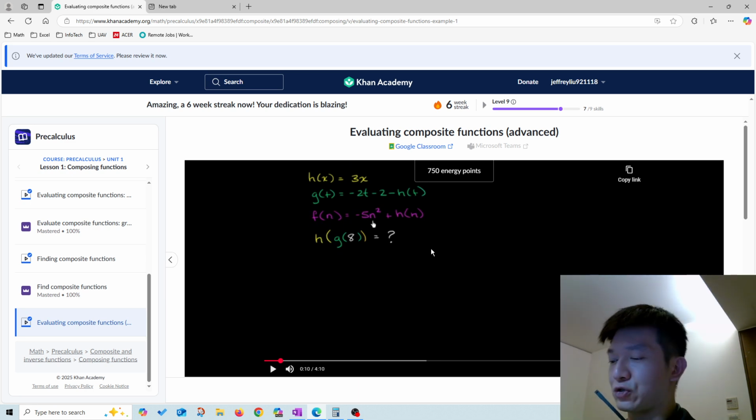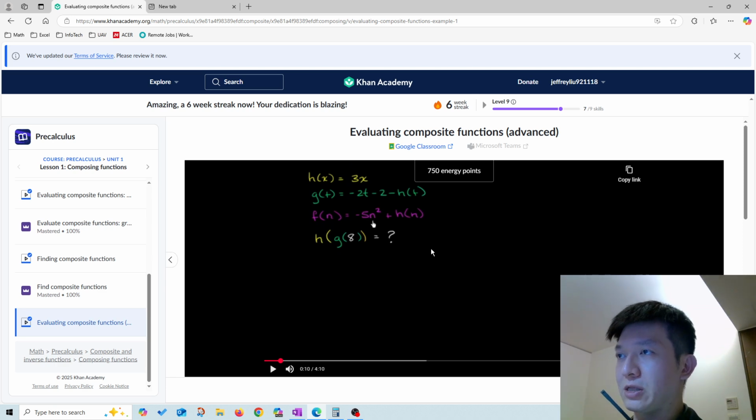So let's just do this. Let's just not be lazy. Let's just do this. Negative 2t, that gives us 8. So negative 16 minus 2. And negative t, what we said was 24. Okay, so that's negative 42, right?